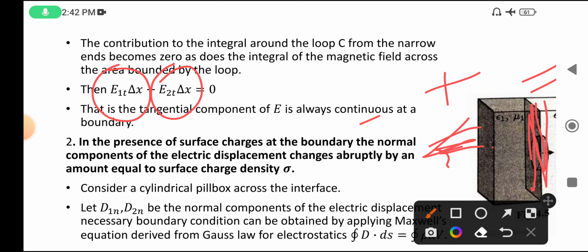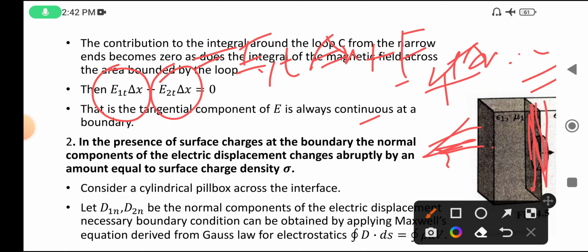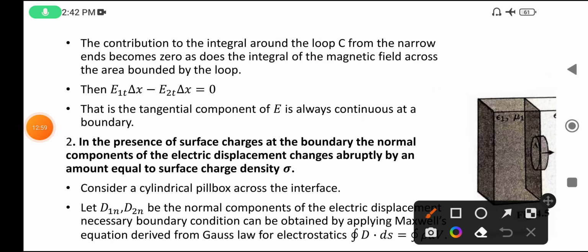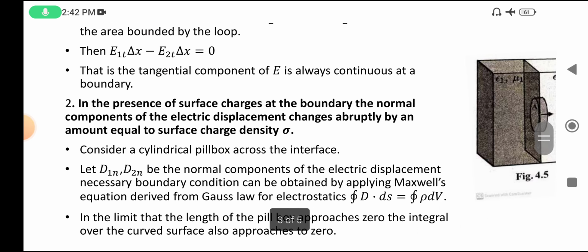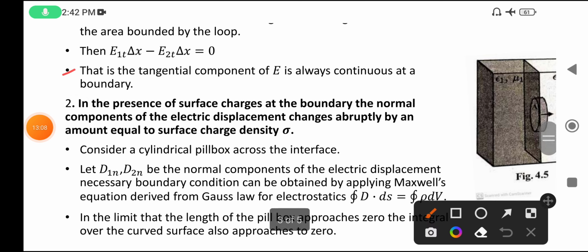So minus E1t delta x plus E2t delta x equals 0. Bringing the minus term to the other side, E1t delta x equals E2t delta x. Delta x cancels, so E1t equals E2t. That is, the tangential component of E is always continuous at the boundary.